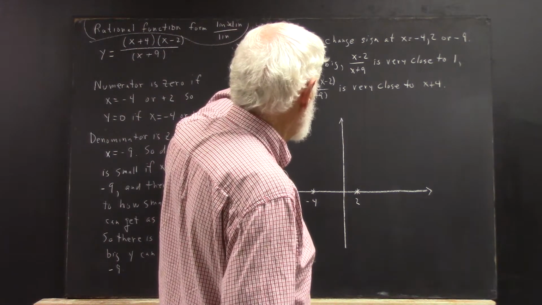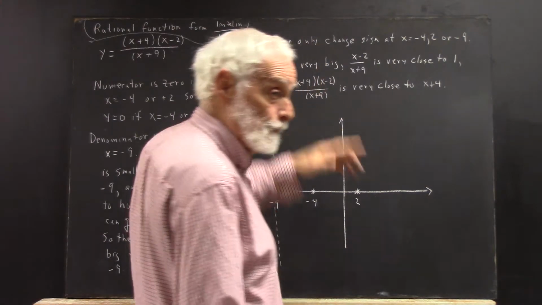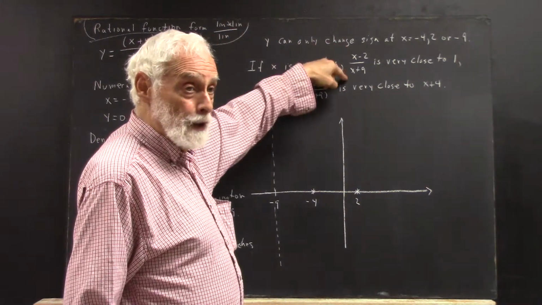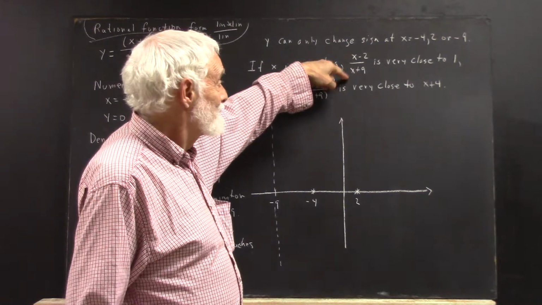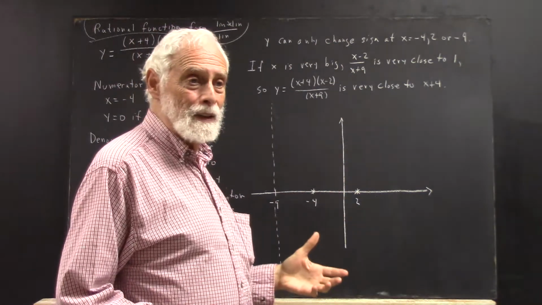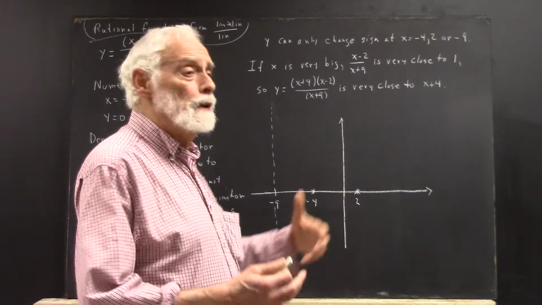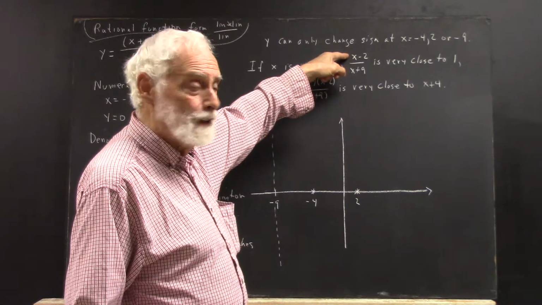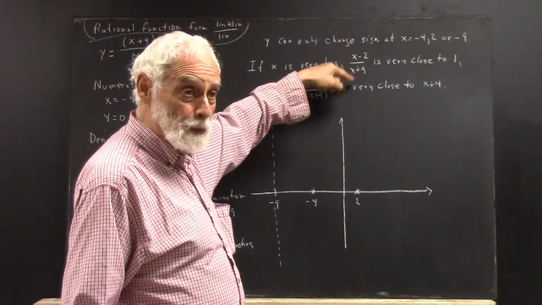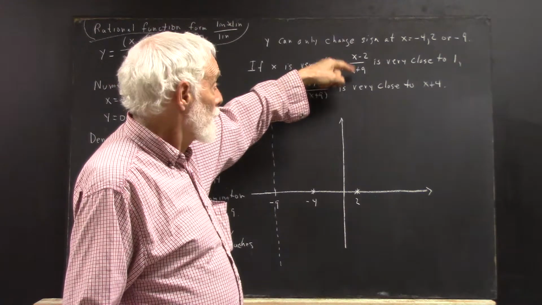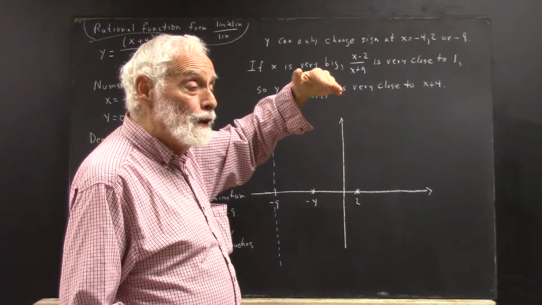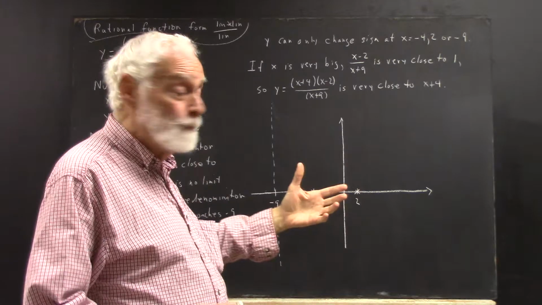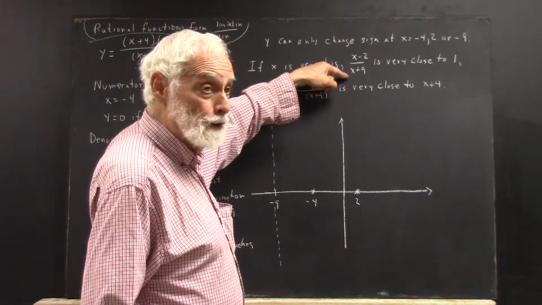Another thing we note is if x is a very big number, x minus 2 and x plus 9 are practically the same. For example, 999,998 and 1,000,009, which is what you get if x is 1,000,000. Well, x minus 2 is only 2 less than 1,000,000, and x plus 9 is only 9 bigger than 1,000,000. Not much different than 1,000,000. So these numbers are very close to each other.